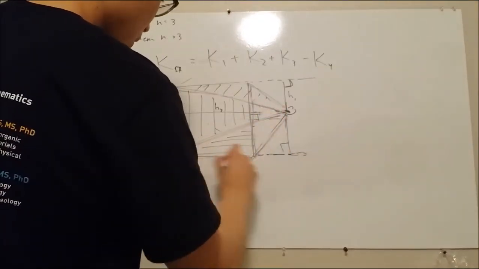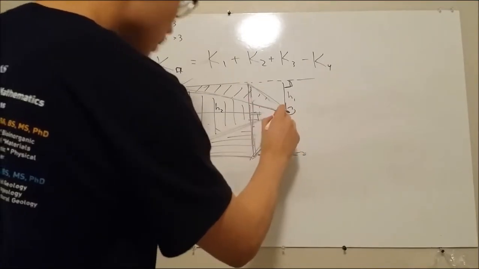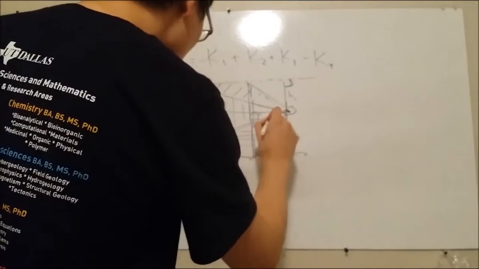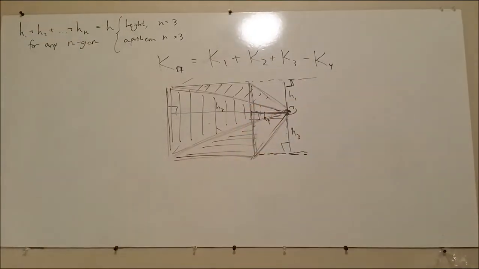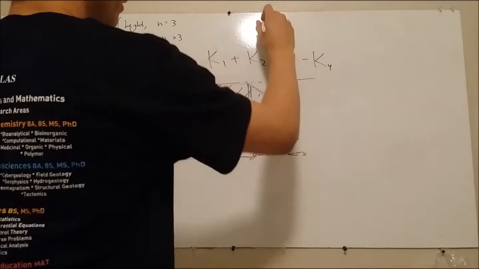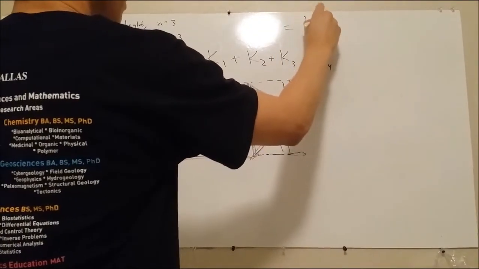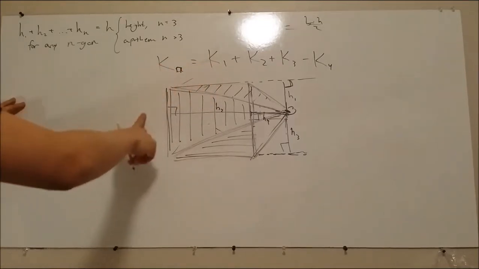And this third triangle has height 3. And this fourth triangle has height 4. We're talking about just this part right here. That's height 4. So, as we know from the triangle area formula, k equals base times height over 2.